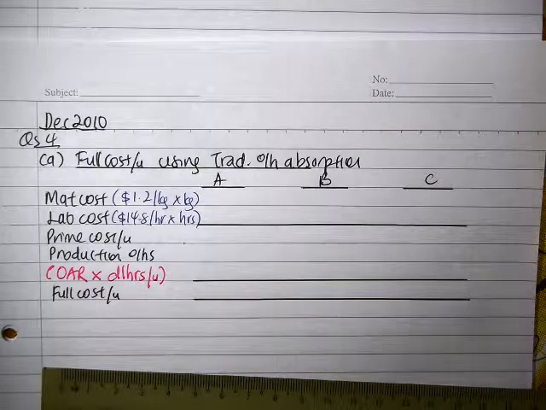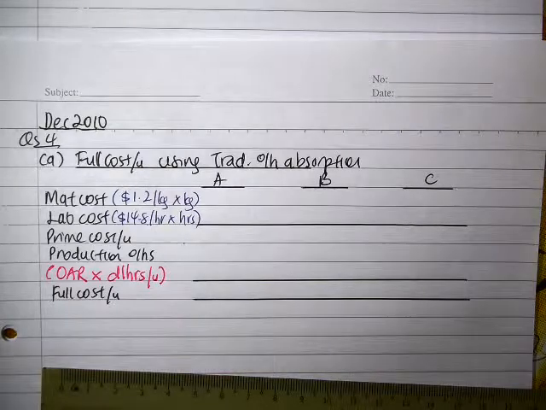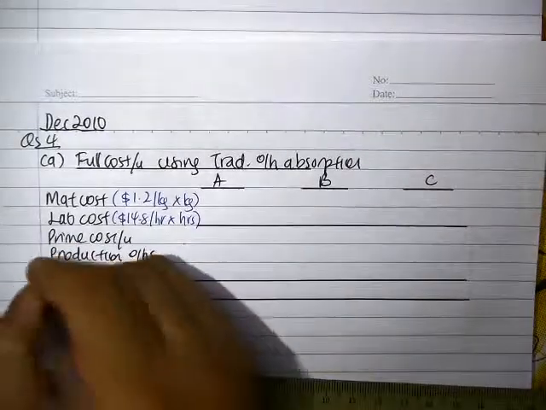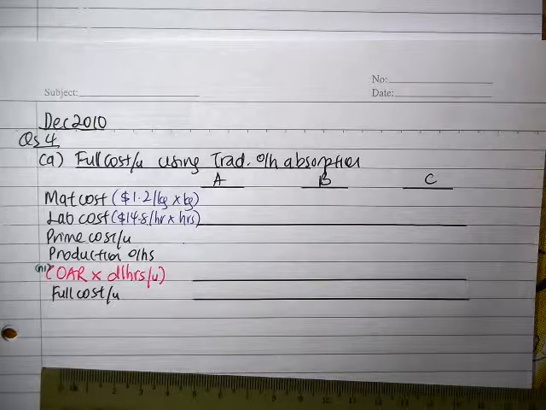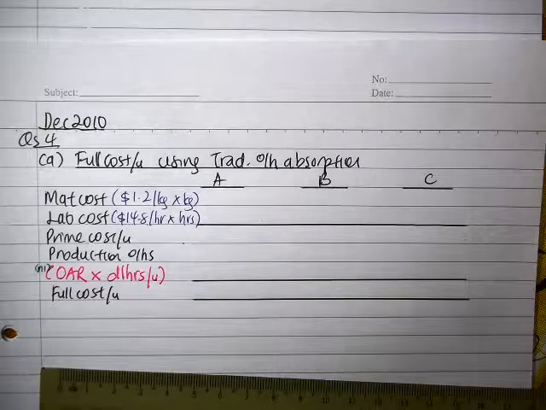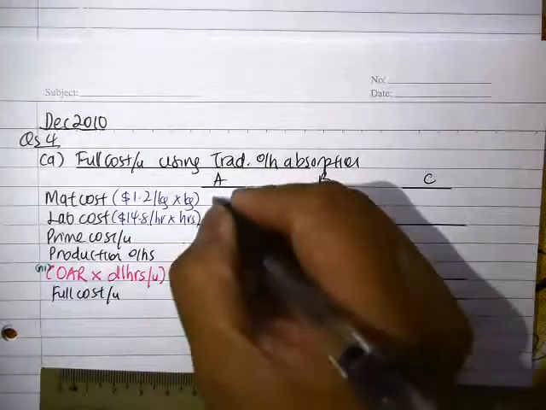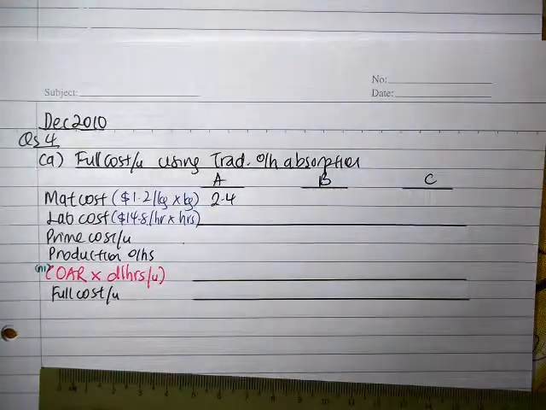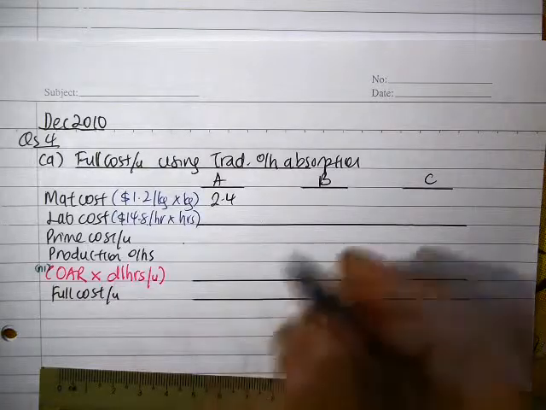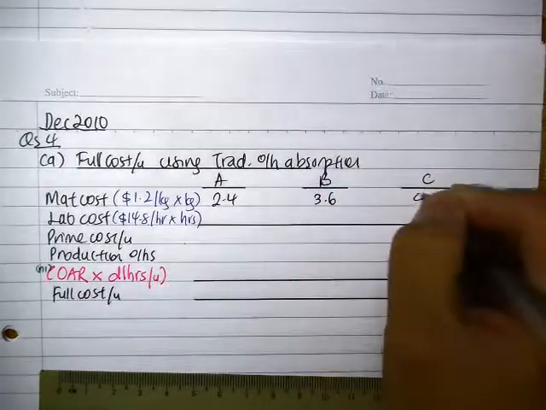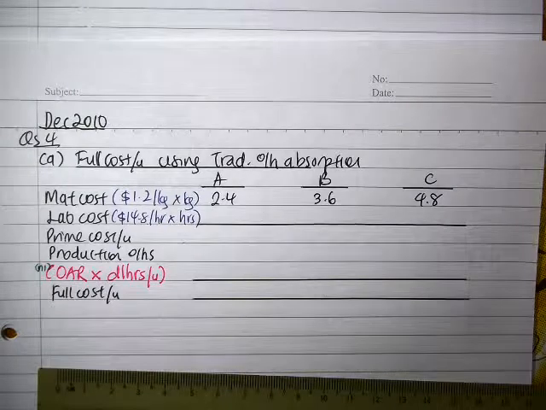It's pretty straightforward, right? So the OAR based on labor, we will work out the formula. Alright, now for material cost, 1.2 times 2 kilo, so 2.4, then 3 kilo, 3.6, 4 kilo, 4.8 of labor cost. Multiply over with the hours.